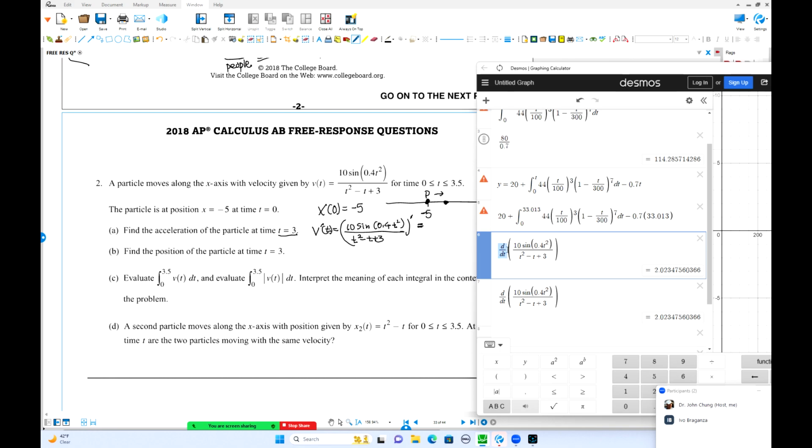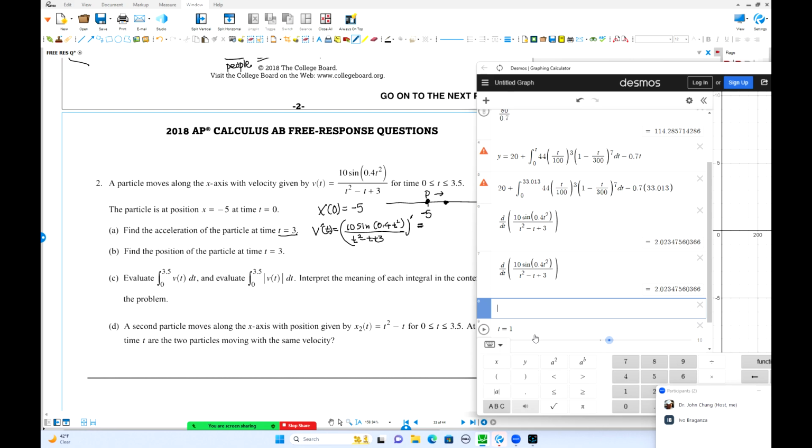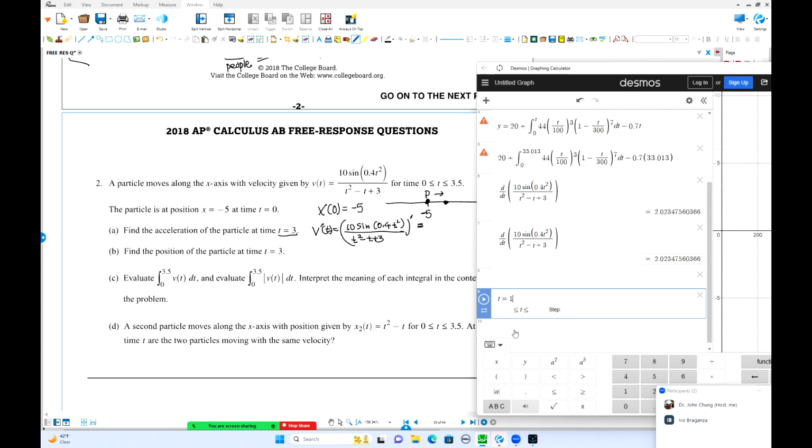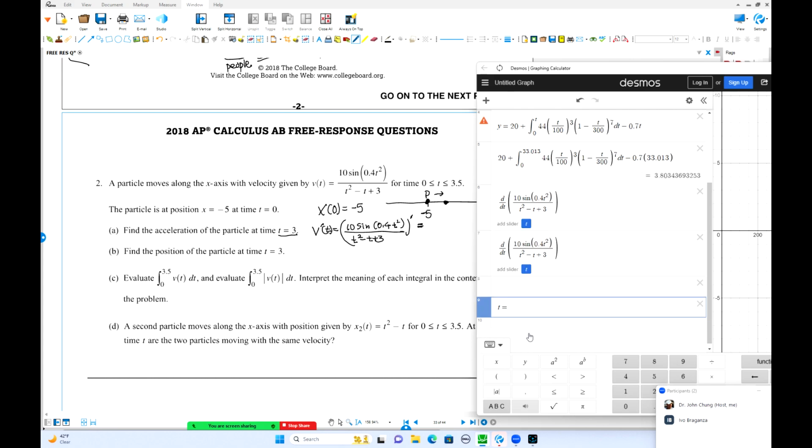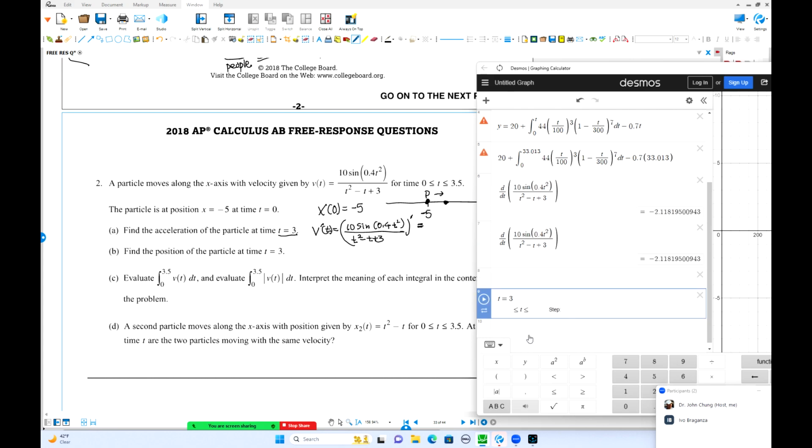Okay, let's try one more time. Oh, over here, t equals 3. Okay, t equals 3 over here, right? This derivative, you have to use a calculator. Take a derivative at x equals 3. Are you okay with this?